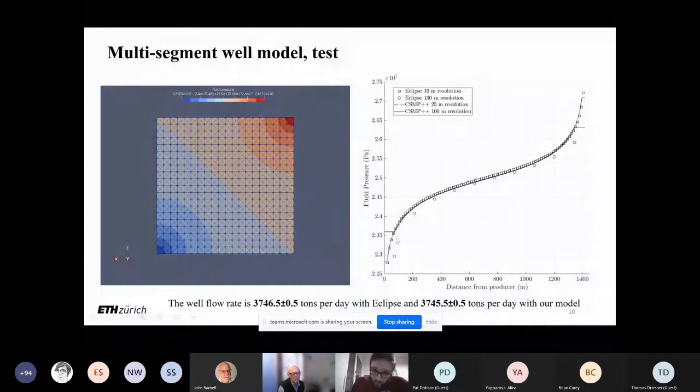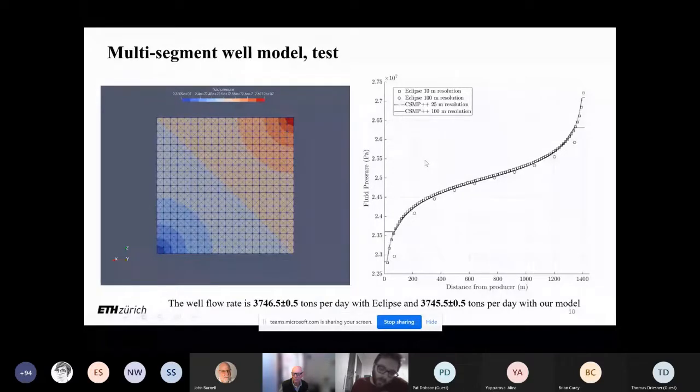And we have here the pressure profile between the two wells. So this is just the pressure along the diagonal here. And you can see that the pressure from our model, the straight lines, and the result from Eclipse, the symbols, seem to match pretty well, especially our model matched very well the result from Eclipse at 10-meter resolution.